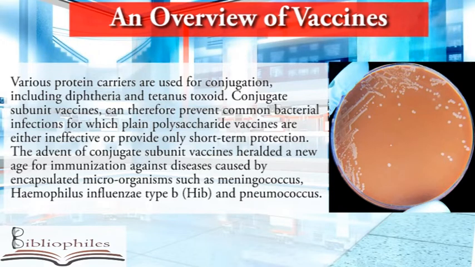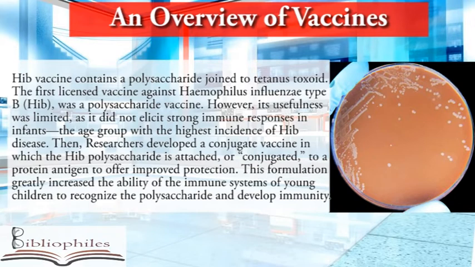Actually, the advent of conjugate subunit vaccines heralded a new age for immunization against the diseases caused by encapsulated microorganisms such as meningococcus, Haemophilus influenzae type B, and pneumococcus. See, the Hib vaccine or the Haemophilus influenzae type B vaccine contains a polysaccharide joined to tetanus toxoid. The first licensed vaccine against Haemophilus influenzae type B was a polysaccharide vaccine.